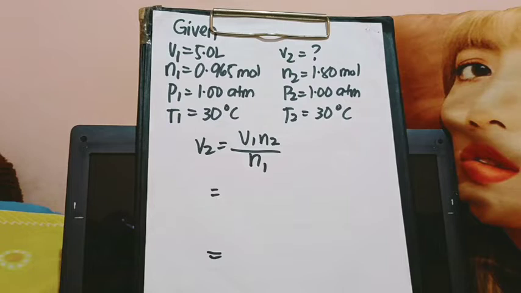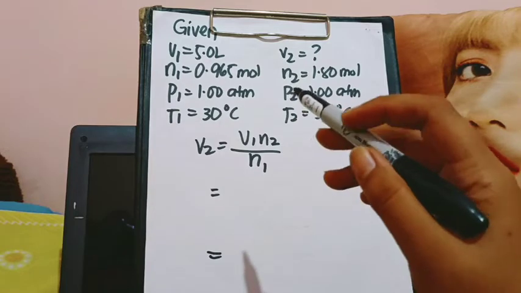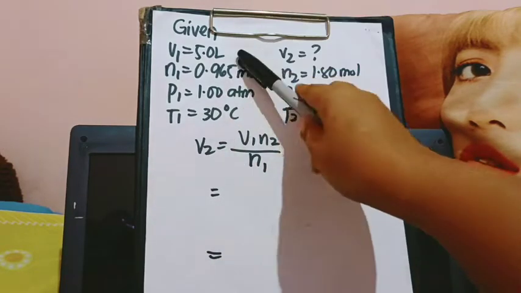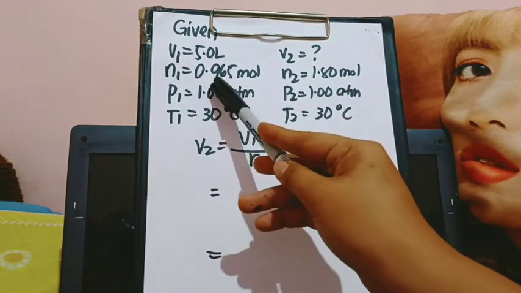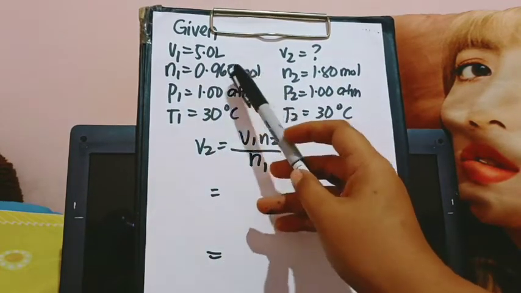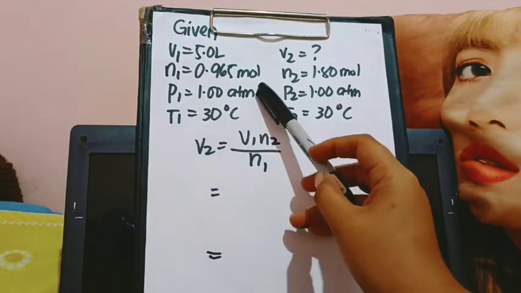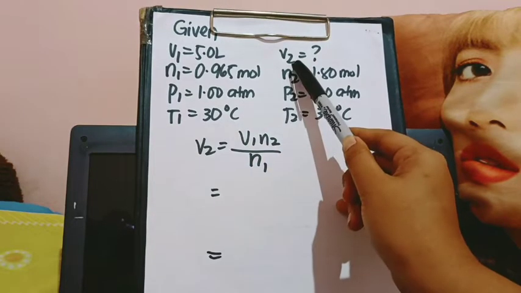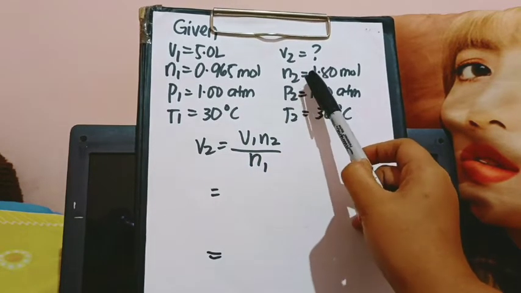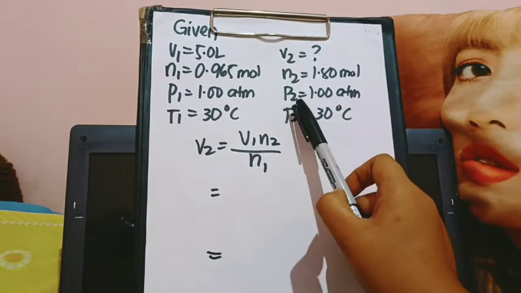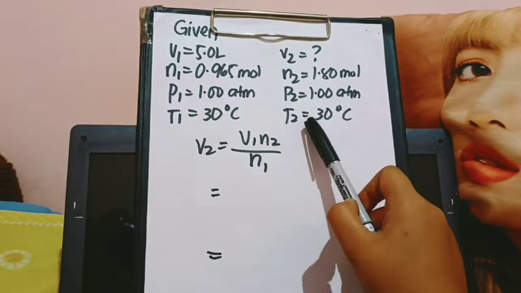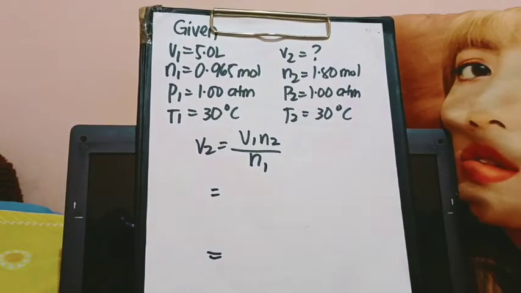So we will apply Avogadro's law in this problem. The givens in the problem are V1 equal to 5.0 liters, N1 which is 0.965 mole, P1 which is 1.00 atm, T1 which is 30 degrees Celsius, V2 which is our missing value, N2 which is 1.80 mole, P2 equals 1.00 atmosphere, and T2 which is 30 degrees Celsius.